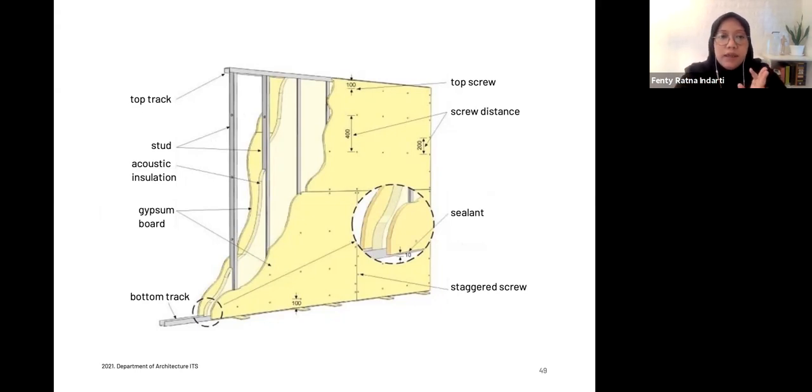And then there is what I call acoustic insulation, if you want to create a soundproof area. When I was doing my master's degree, my flat had this type of wall, and it didn't have any acoustic insulation in it.